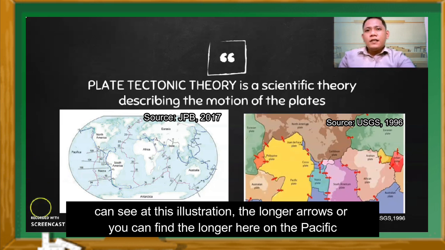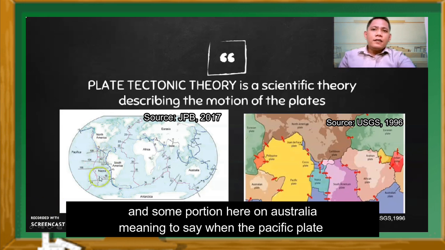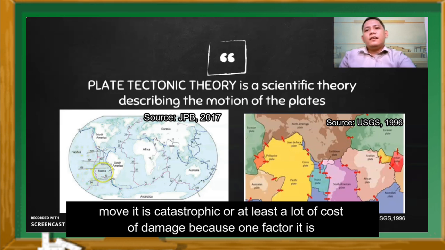The longer arrows can be found here on the Pacific and some portion here in Australia. Meaning to say, when the Pacific plate moves, it is catastrophic, or at least causes damage.